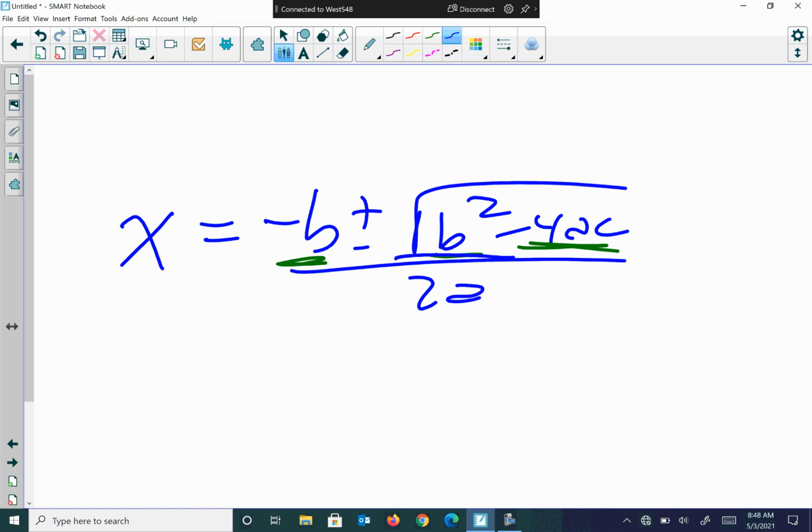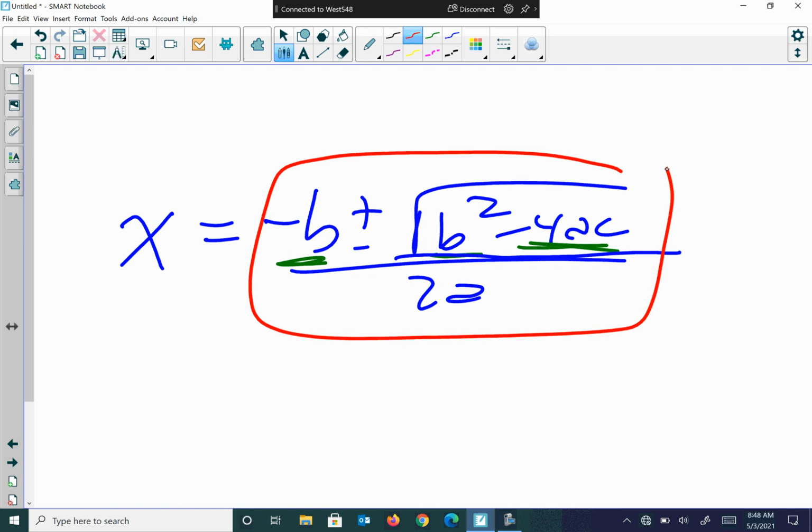There's all kinds of places that goofy errors start taking place. So it's a good go-to, but unfortunately there's a lot of errors that can take place. So I'm trying to guide us away from it.